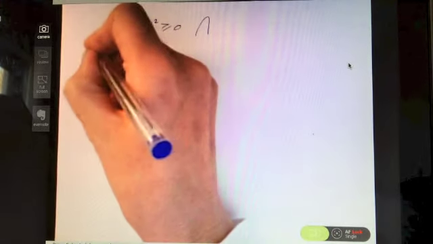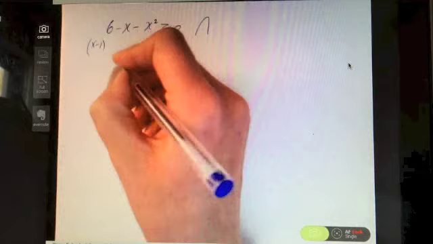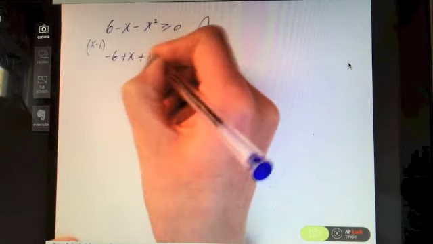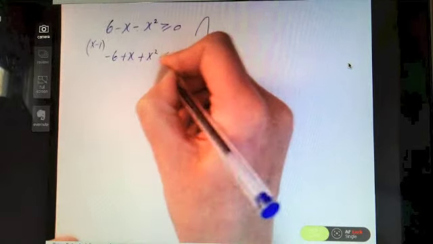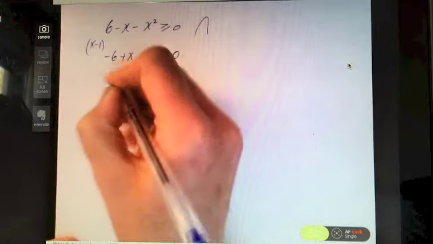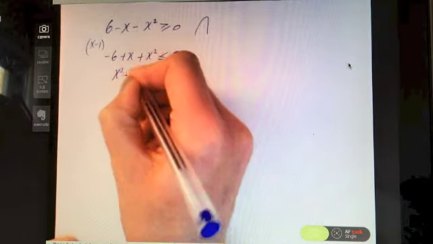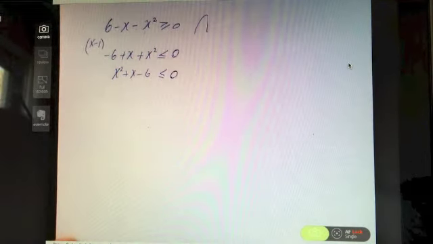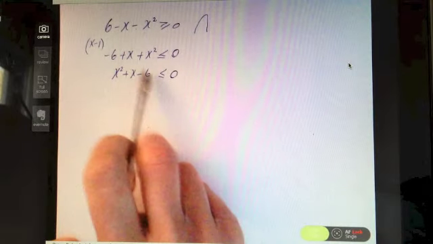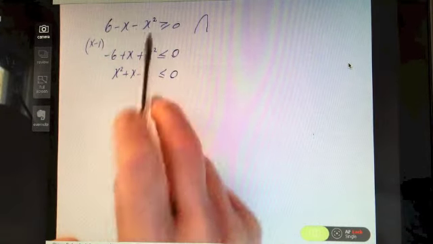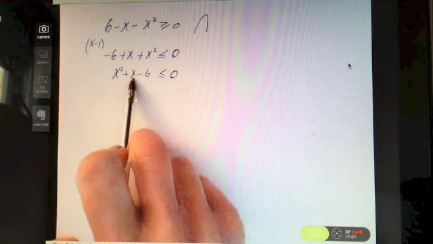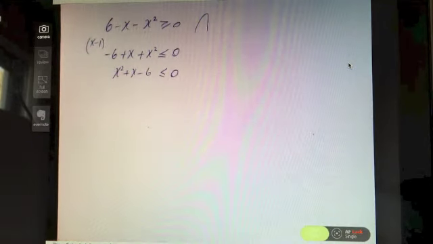If I am going to decide to multiply everything by minus 1, then this is what I will get, but this sign will flip. Now, if I just rewrite this out for myself in a way that I'm more familiar with, that is what I'm left with. And although as a function, this will look different to this, it will not affect the solutions for x, which is what I'm being asked to solve for here.